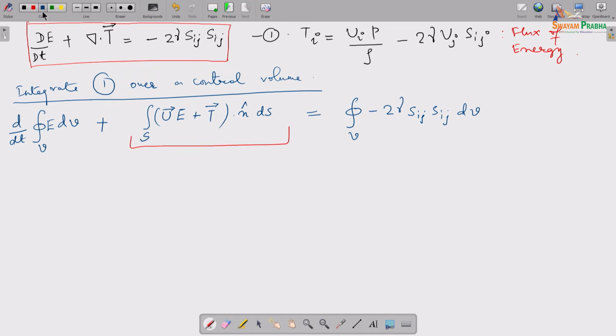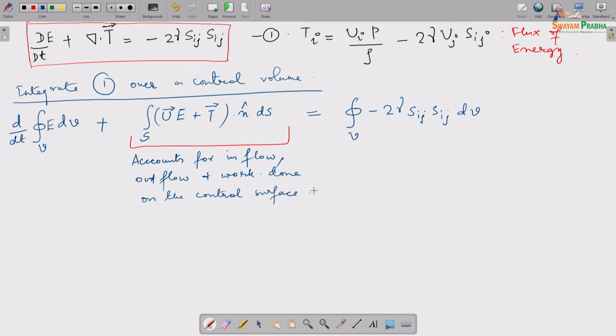Let's just write down, this actually accounts for inflow, outflow, and work done on the control surface.